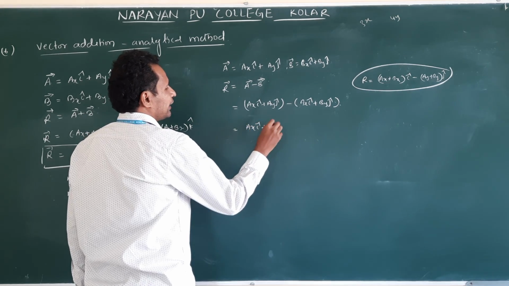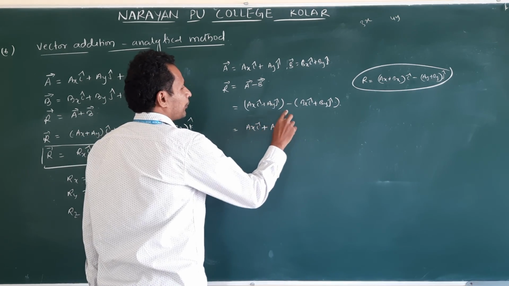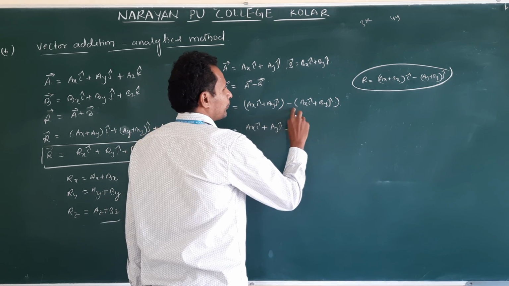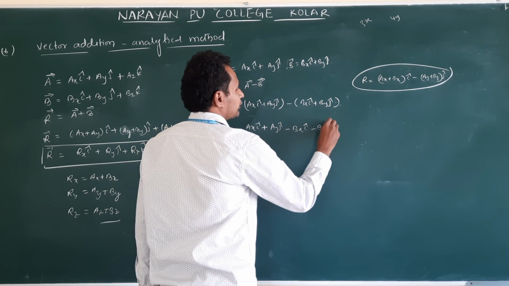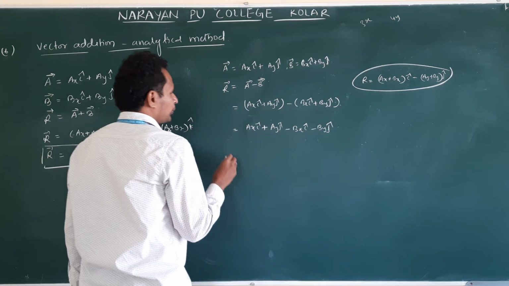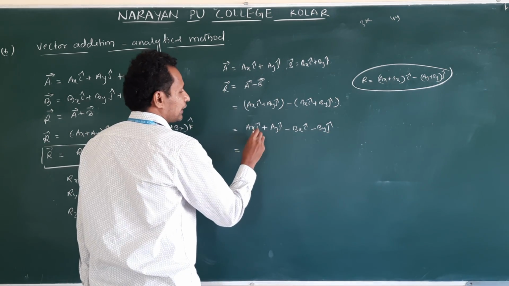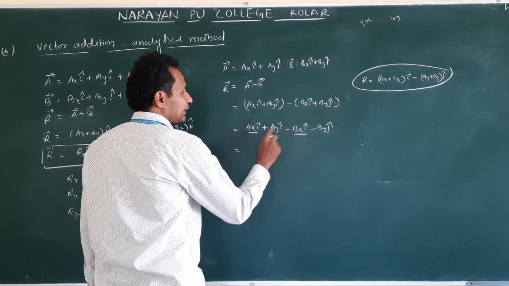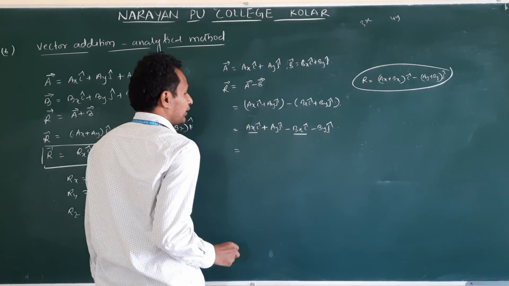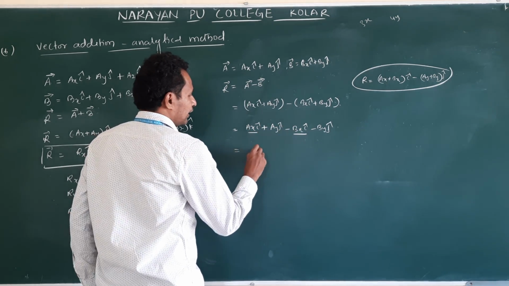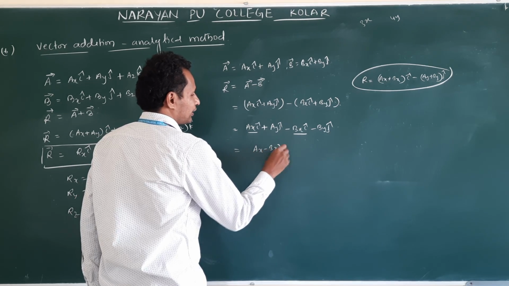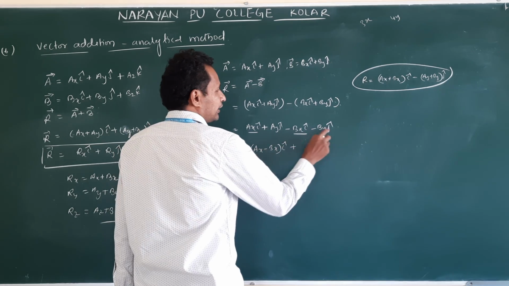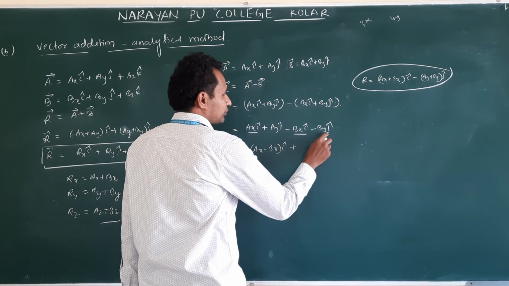Now following this procedure, remove the bracket. Ax i cap, Ay j cap. Multiply the minus inside: minus Bx i cap minus By j cap. The next term: take the i components, i is the unit vector. Then Ax minus Bx i cap plus, take j common.